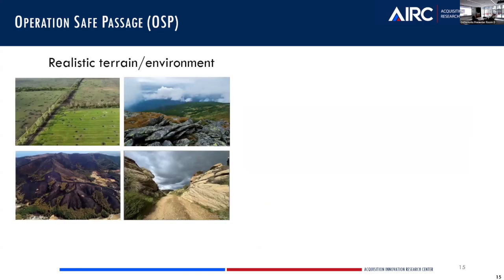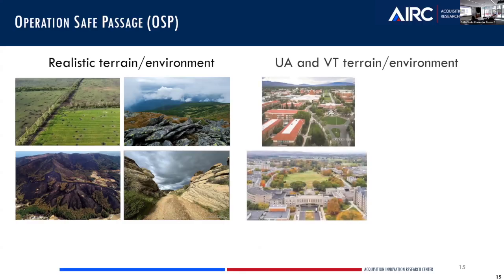Going back to the realistic idea versus the proxy: realistically, a UGV could be multi-theater, multi-domain, multi-terrain, multi-environment. It could be in the desert, the mountains, a jungle, or on a beach. So what we've tried to do is start having a proxy for this that we can control.